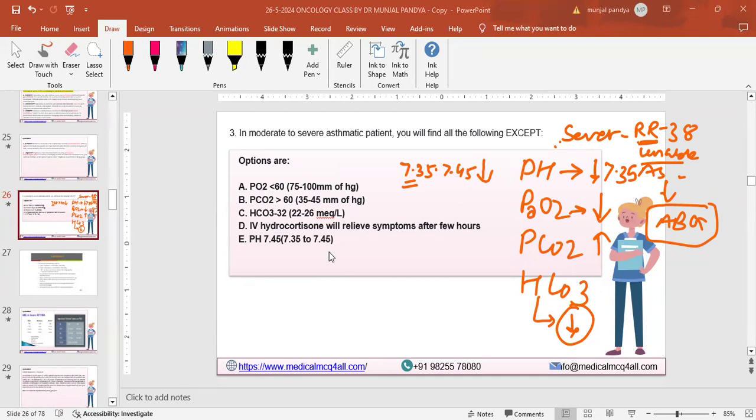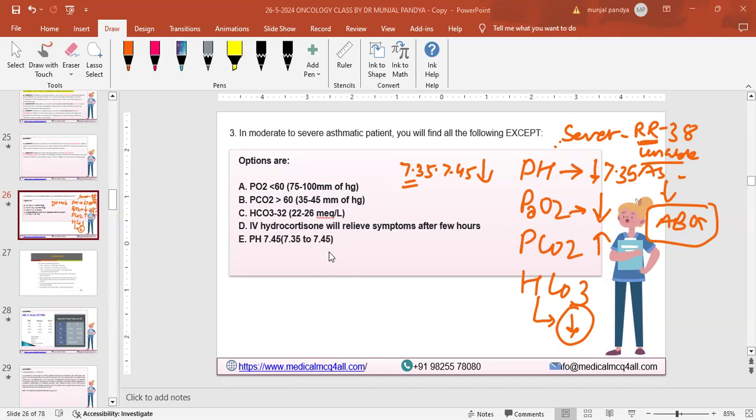Go ahead. Yes, sir. The bicarb increases. When the bicarb increases, there is respiratory alkalosis. And when the bicarb decreases, this is causing acidosis.